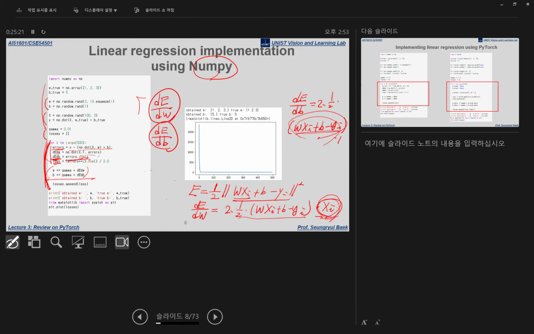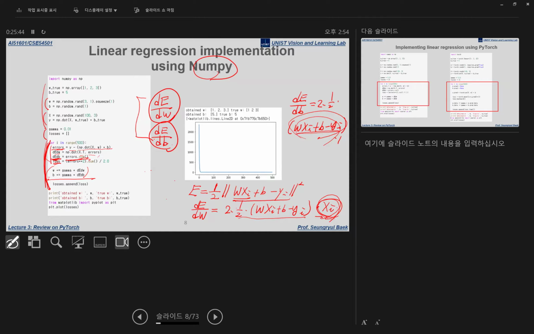Even in the simplest case, it is not very trivial to calculate this kind of gradient formula by yourself and implement it at the code level. So if you are not given this code, it could involve some mistakes.